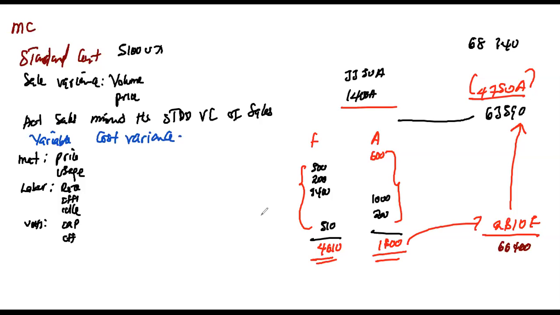So here we simply bring out the actual contribution. We can now work out the actual contribution, and this time around we are going to have something like this. Let's say actual contribution.